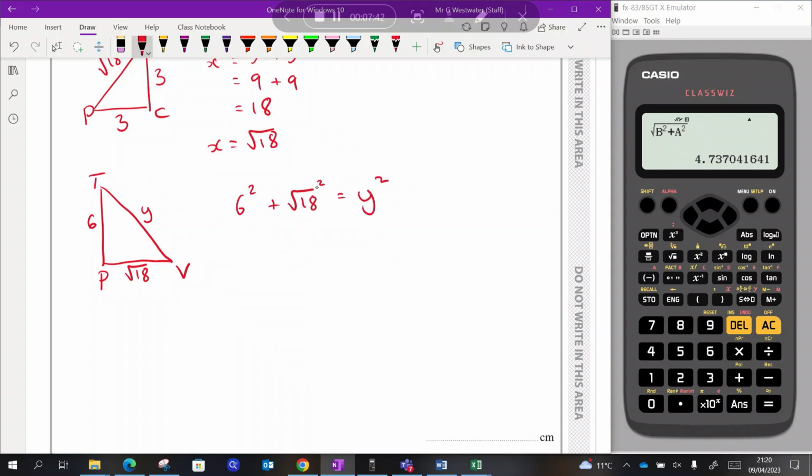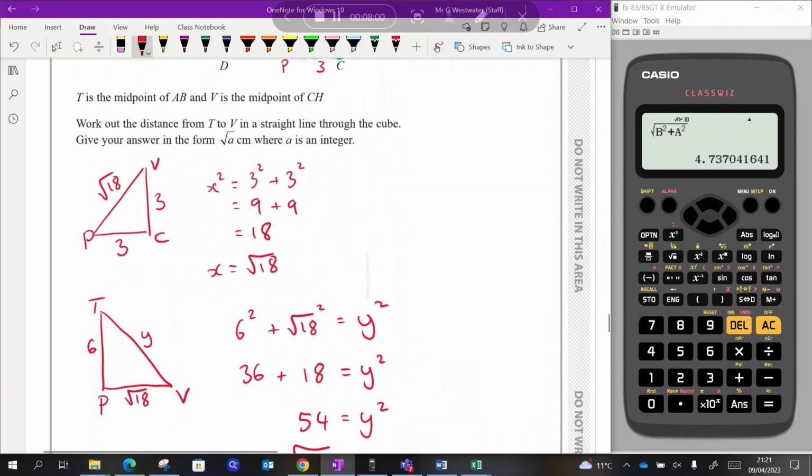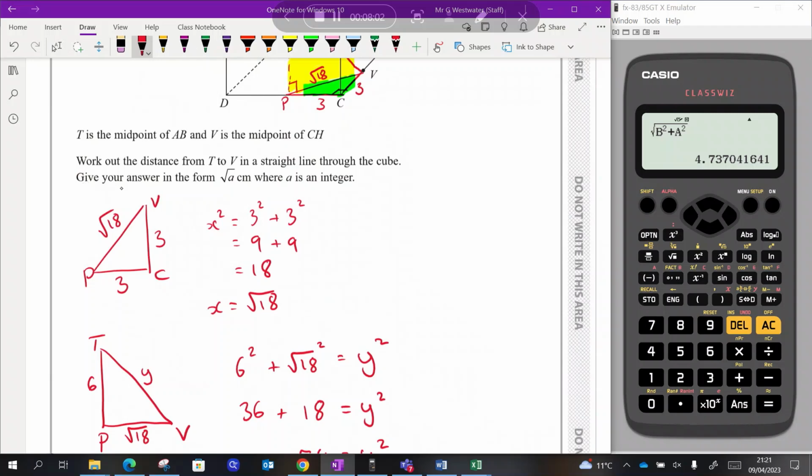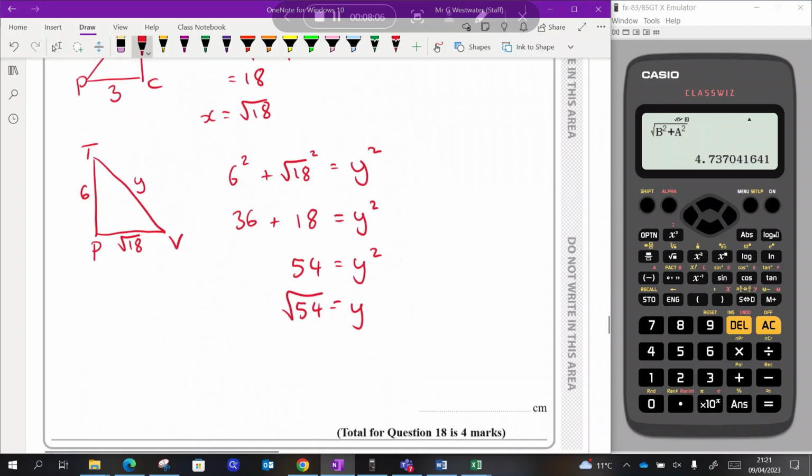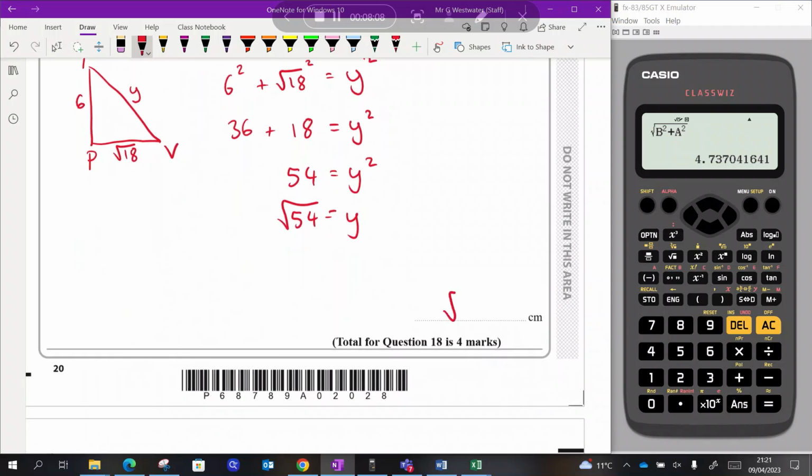And now you can see why I've kept it as a square root, because the squaring and the square root will just cancel out and give 18. We have 36 here, and we have y squared. So y squared has to equal 54, and therefore y is going to be the square root of 54. Again, I could rationalise this, but it does say just give my answer in the form of root a, where a is an integer. So I'm just going to leave this now as root 54. Okay.